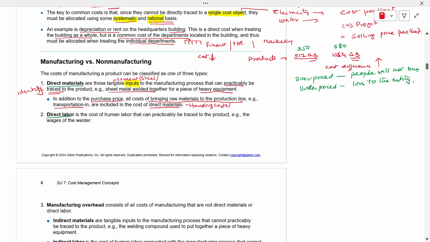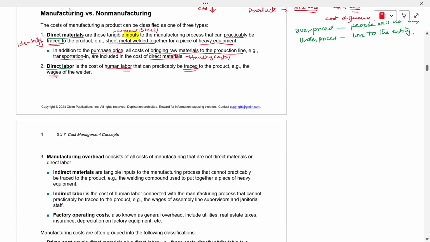What is direct labor? Direct labor is the cost of the human labor. Again, when it is direct, it will be traced to the product. Wages will always be direct labor, whereas salaries are indirect labor. Why?